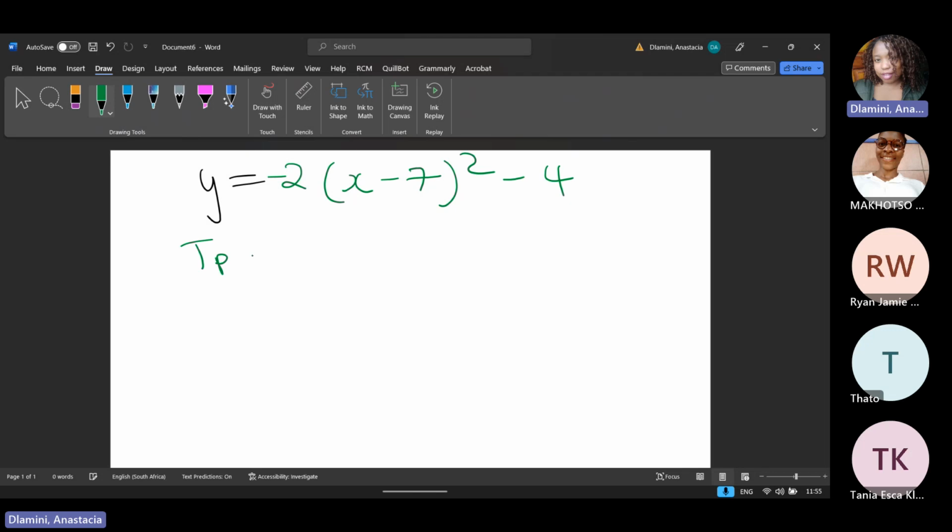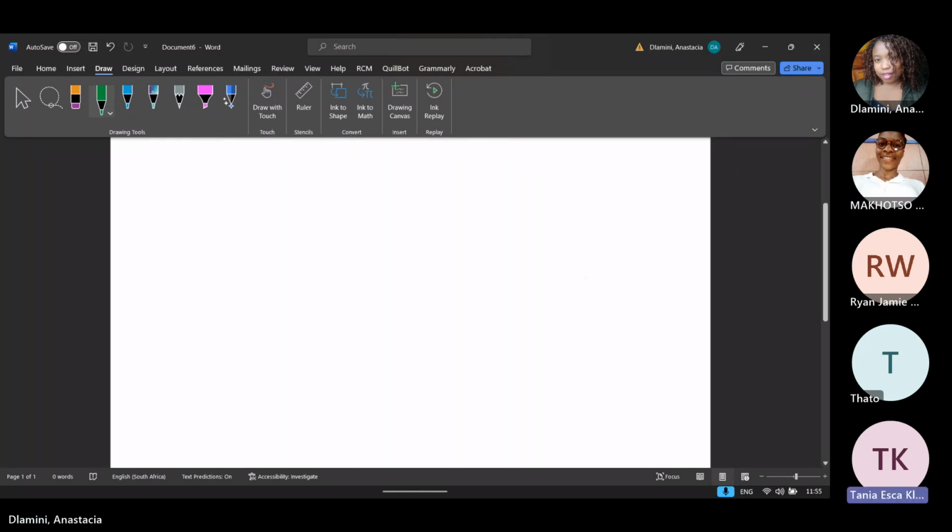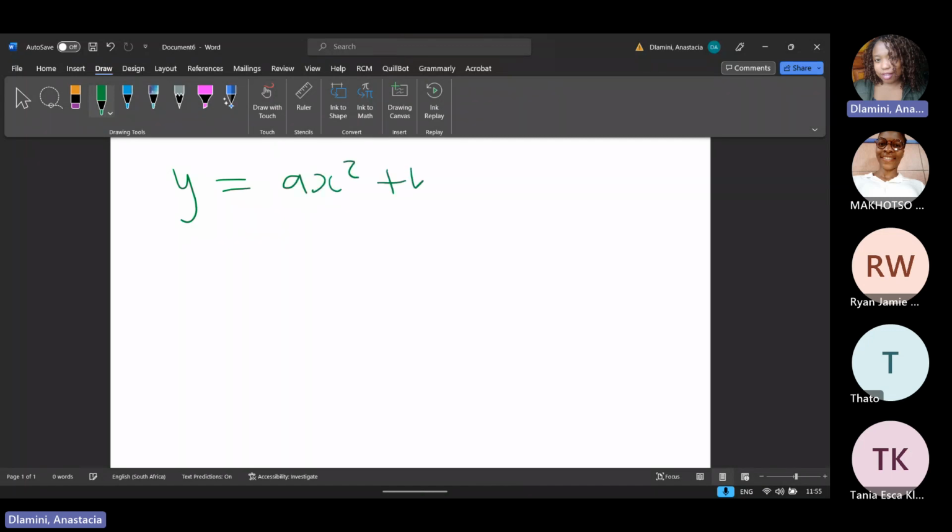Can I please get the coordinates of the turning point? 7 and -4. Thank you very much. You see how easy it is? Yes, ma'am. Thank you. Now, y equals ax squared plus bx plus c. Give me the coordinates of the turning point.